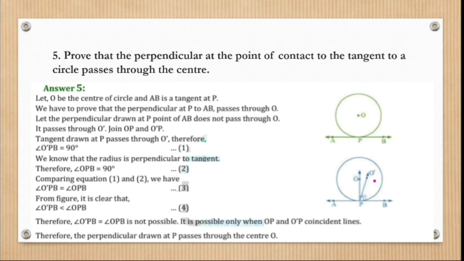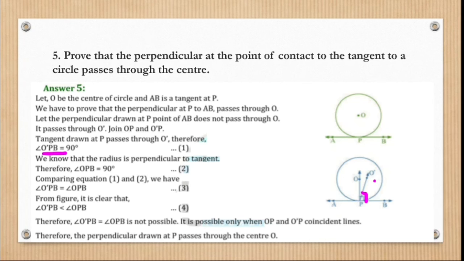Okay, so since this perpendicular passes through O dash, you can say that angle O dash PB is equal to 90 degree.